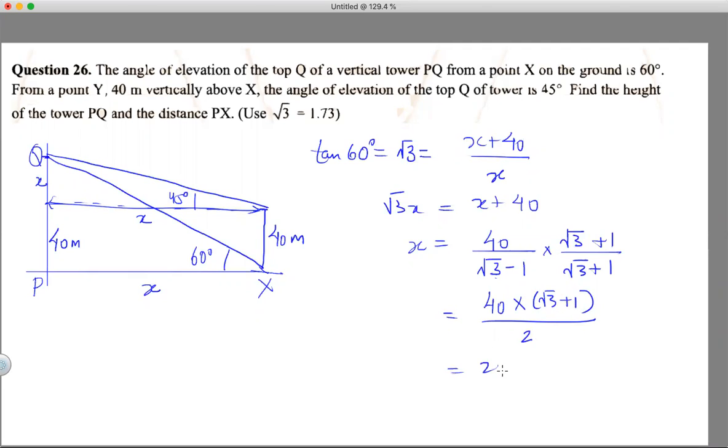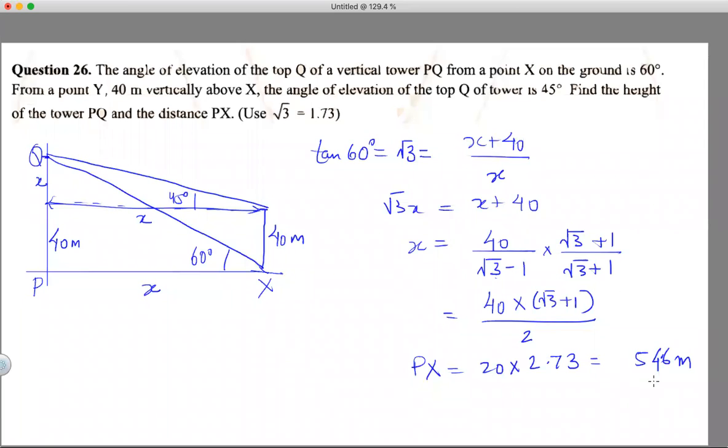So it is 20 into 2.73, right? It is 54.6. PX is coming to be, this is PX, is 54.6 meter. Can you recheck your calculation once?